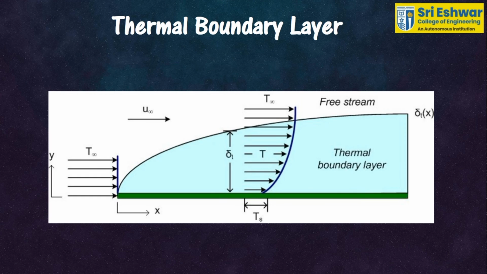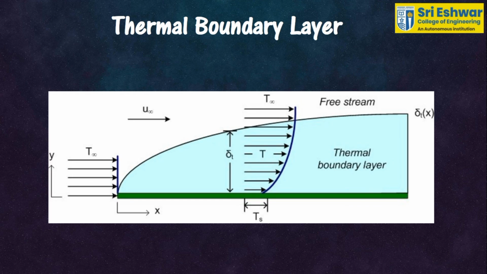As the fluid flows along the wall, the fluid at the wall surface satisfies the no slip boundary condition and has a zero velocity. These are some assumptions. But as you move away from the wall, the velocity of the fluid asymptotically approaches the free stream velocity.